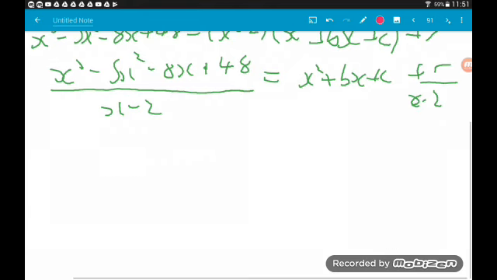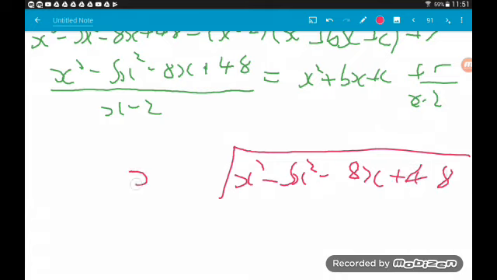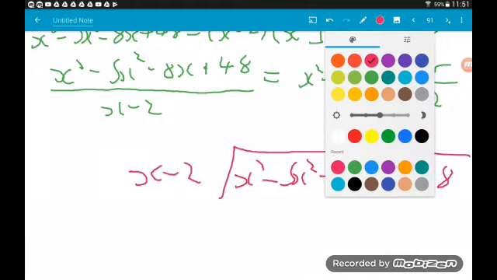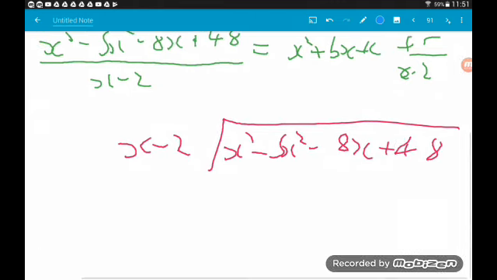Okay, so set it up as a long division. So, x cubed minus 5x squared minus 8x plus 48 divided by x minus 2. I've just done 3 videos on this. Hopefully you're quite confident with this by now.